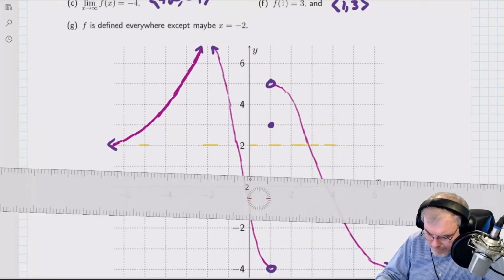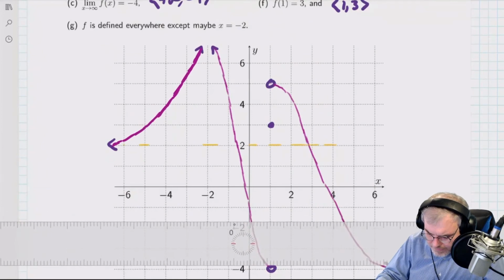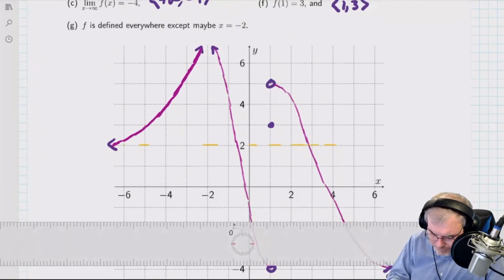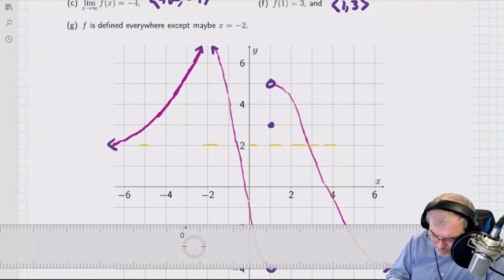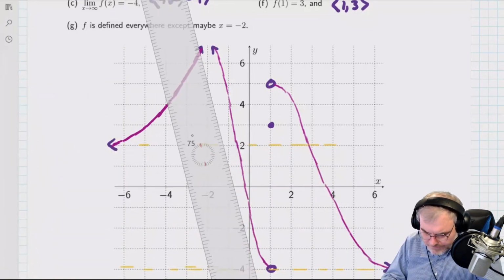Oops. I have another one here. And I have another one here.